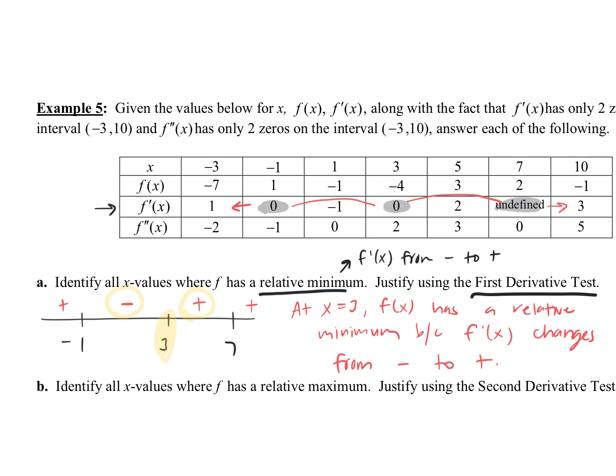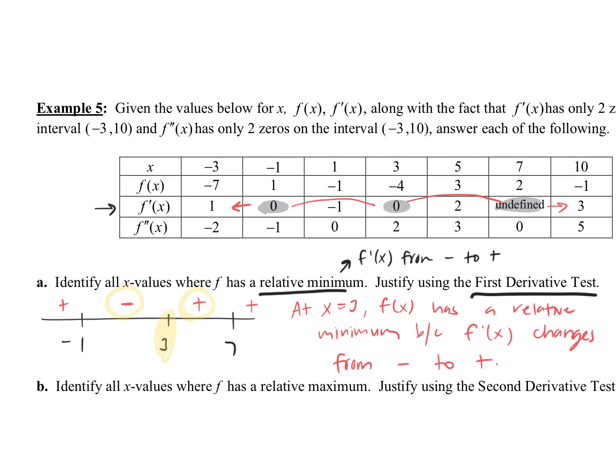You have to justify your answer. If it says to justify, you have to give that explanation. Okay? Now, in this class, if you gave me this kind of explanation, I'd give you the points. But on the AP test, they're not going to give you the points for just a sign chart. You have to write out what your conclusion is based on doing that sign chart.